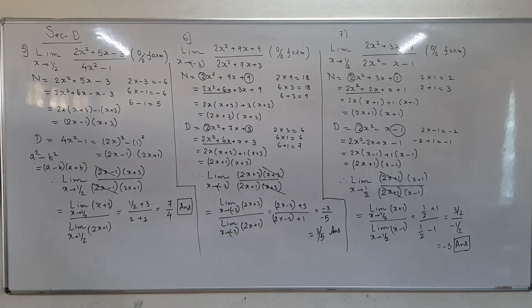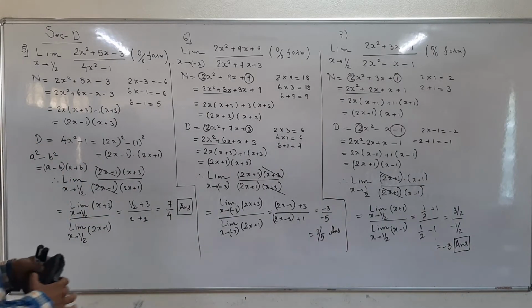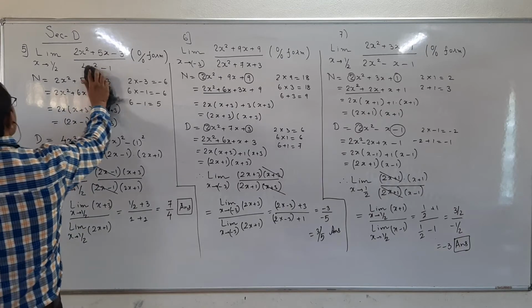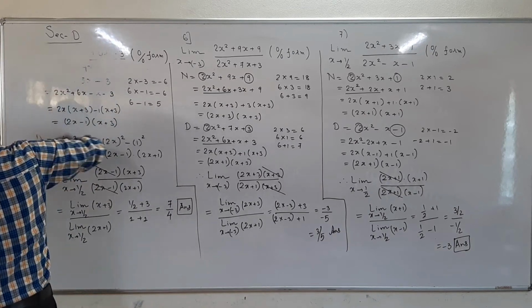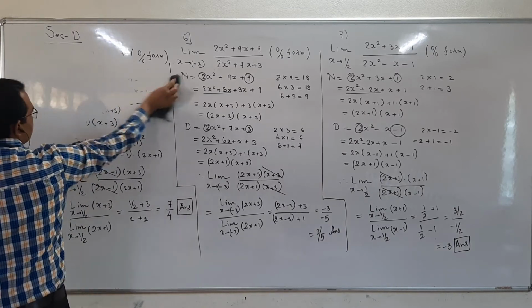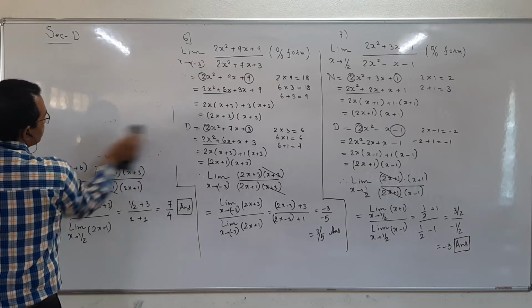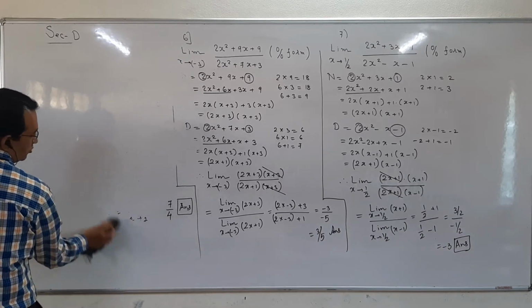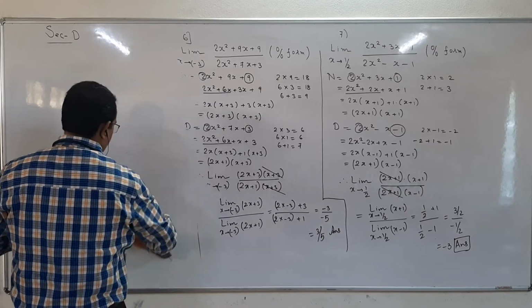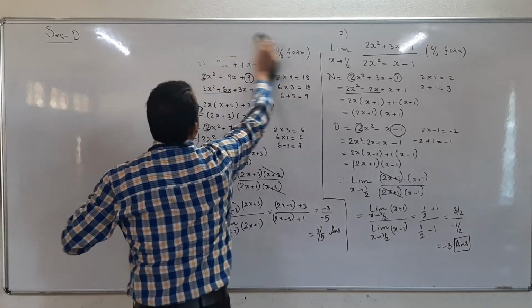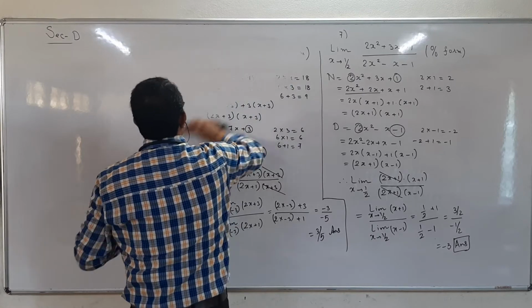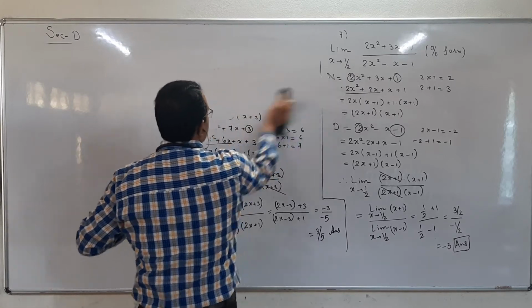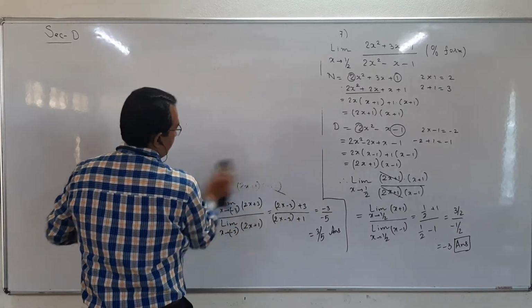So students, in the sums of limit by factorization, your basic is 10 standard. In the last step we apply the division working rule and substitute the limit. As such, x is never equal to 1 by 2 or 3 or minus 3, whatever it is. But in the sums, as an approximation, we are directly substituting the limit.